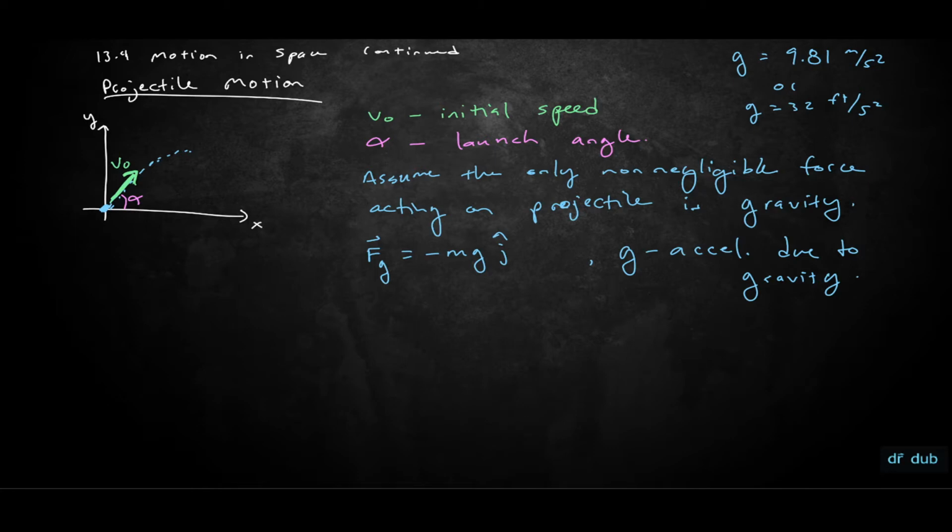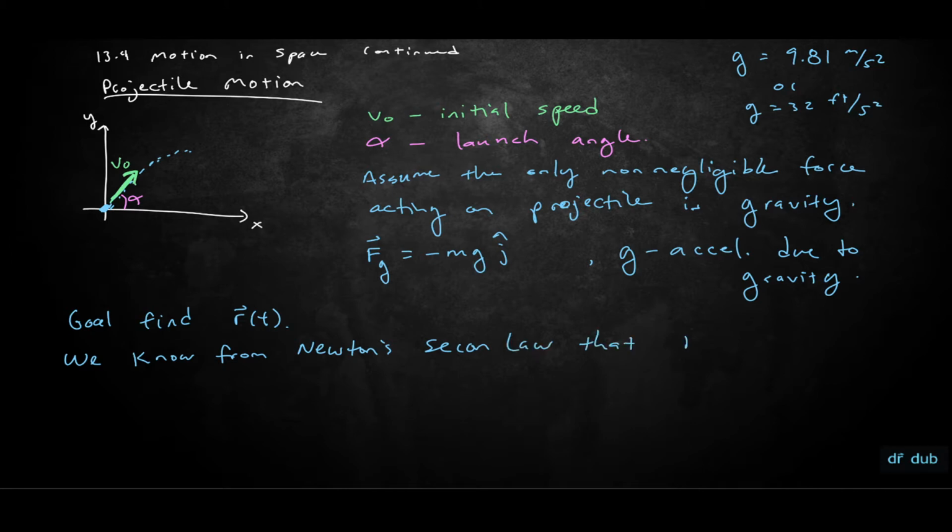And so the equation of motion, we want to find the position function. So the goal is to find r of t. So what do we know? We know from Newton's second law that the sum of the forces would be mass times acceleration.